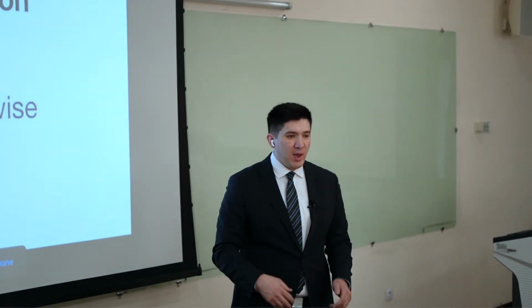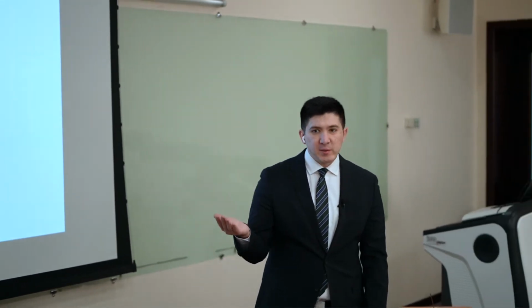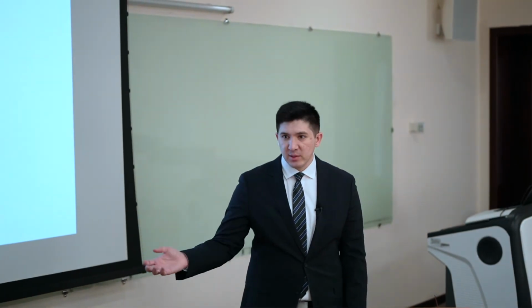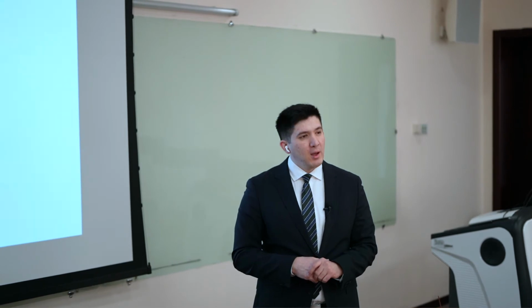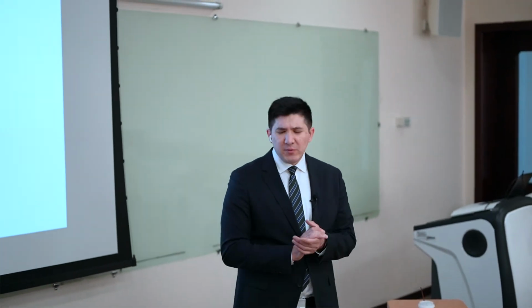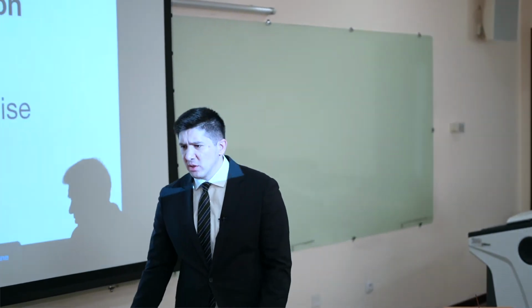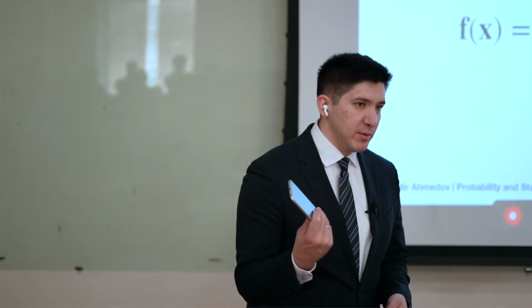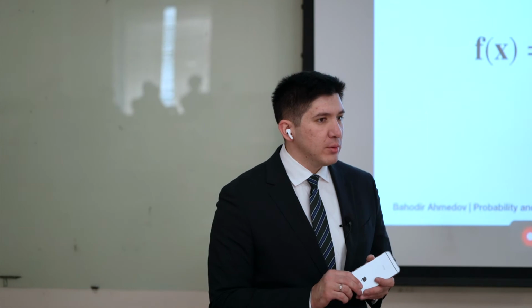For example, if I say, hey, I've got a phone whose battery is alive for 100 hours, or 100,000 hours. No, it's a lot. 100 hours, let's say, on average. So the iPhone manufacturer is going to claim that the battery of this phone works for 100 hours. How do they know?